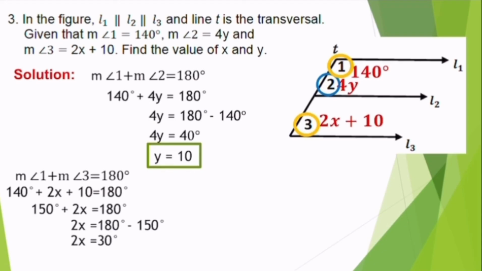And after that, let's apply the division property of equality by dividing both sides by 2. So 2x divided by 2 is x, and 30 divided by 2 is 15. So, therefore, the value of x is 15. So therefore, the value of x is 15 and the value of y is 10.